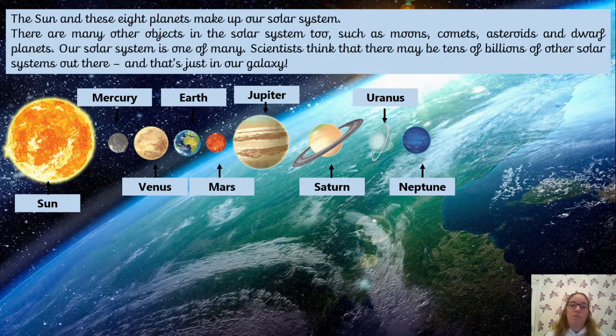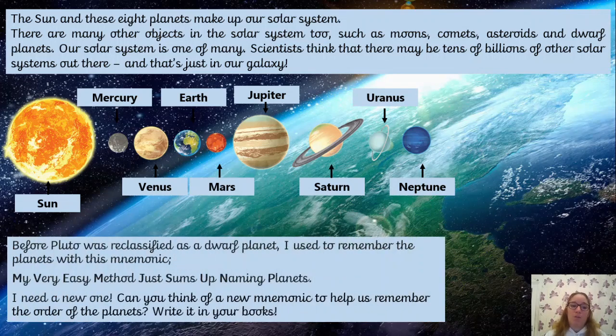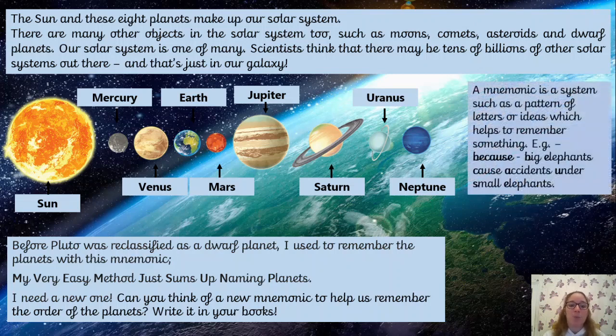Okay, so Pluto was reclassified as a dwarf planet, but I used to remember the planets using a mnemonic. Okay, a mnemonic is a system or a pattern which helps you remember certain words or things in a certain order, such as because. Okay, so big elephants cause accents under small elephants. The beginning letter of each word spells out because.